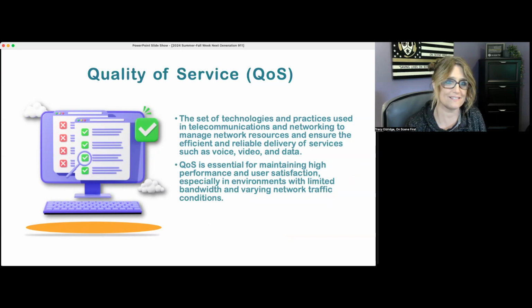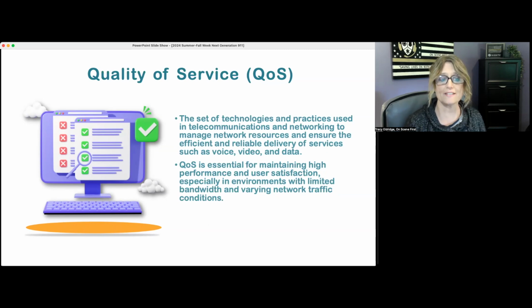The O is lowercase for the "of," but quality of service in general is a set of technologies and practices used in telecommunications and networking to manage network resources and ensure efficient, reliable delivery of services such as voice, video, and data.